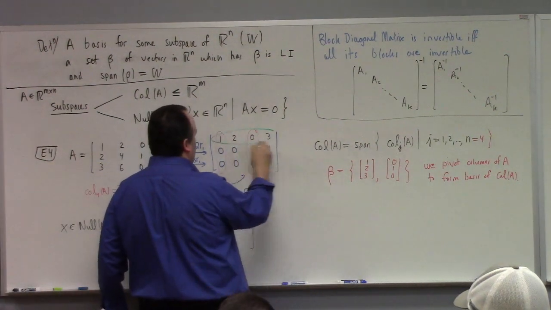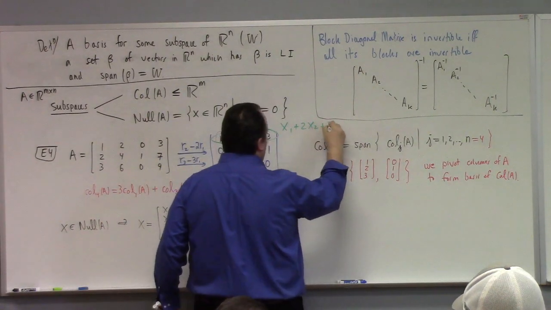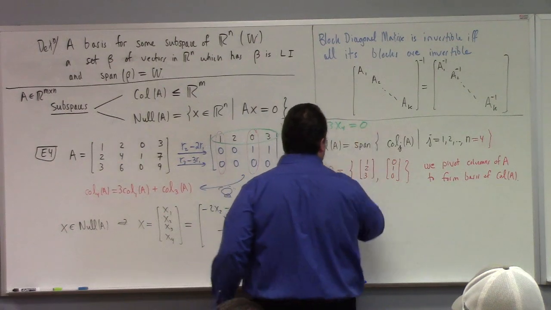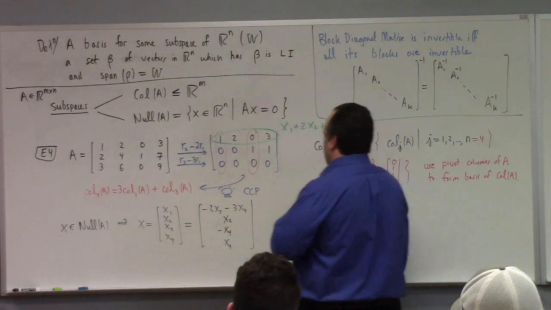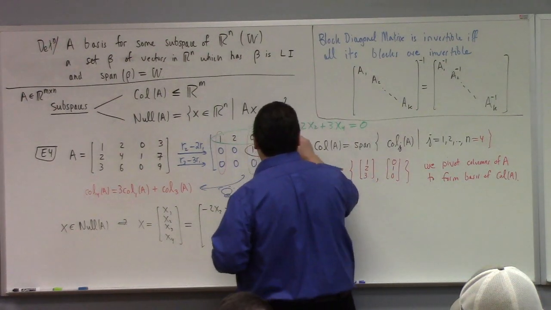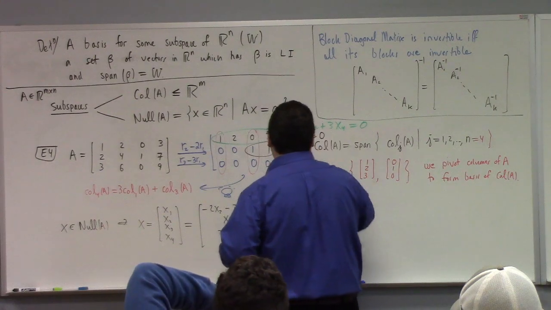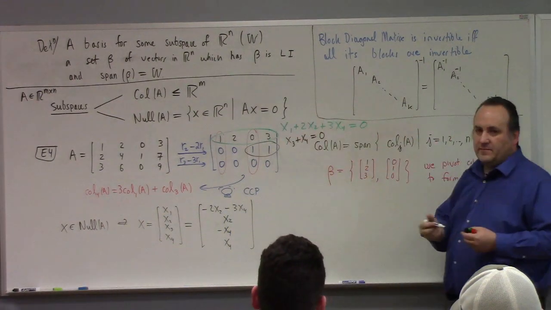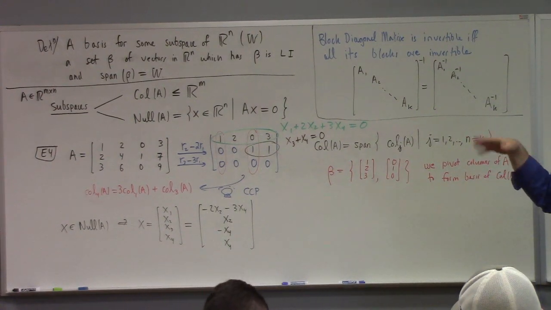Exactly. So you told me x1 plus 2x2 plus 3x4 equals 0, right? And the next one down says that x3 plus x4 is equal to 0. Now you say, well, there's no 0, right? But remember, we can tack the 0 on, and it just rides along.